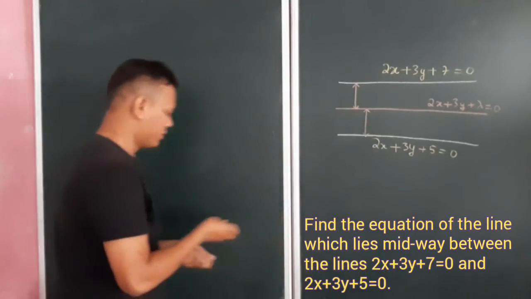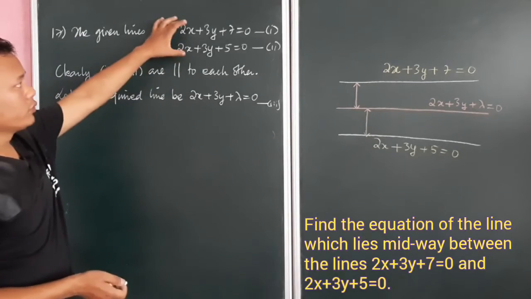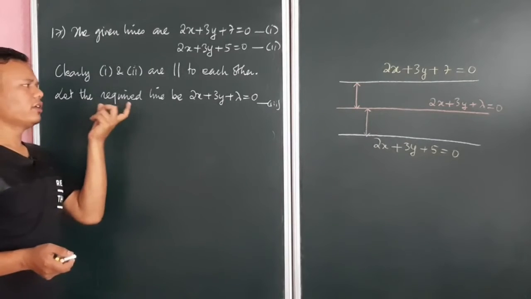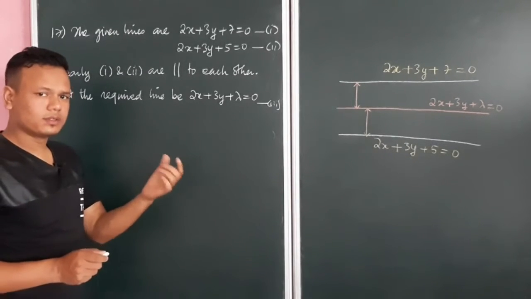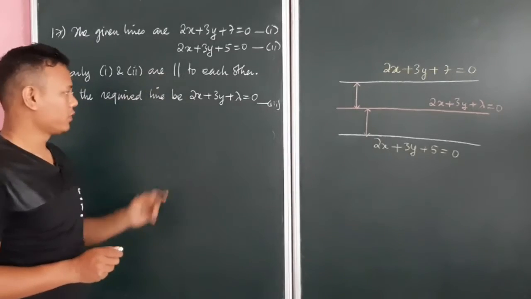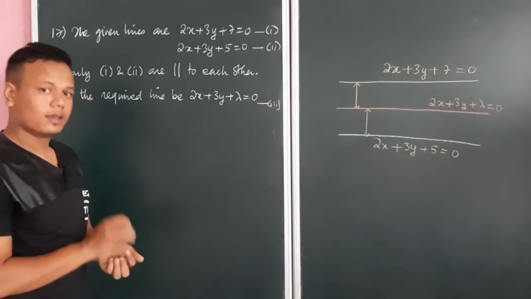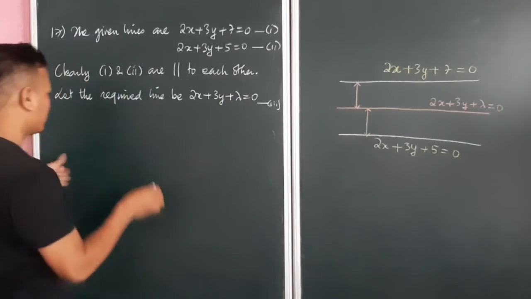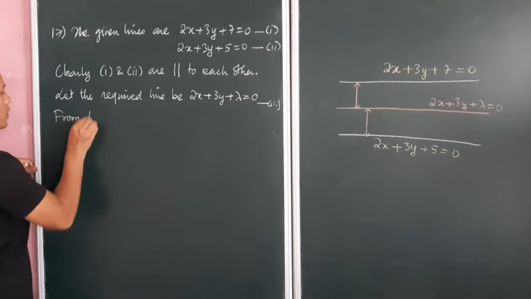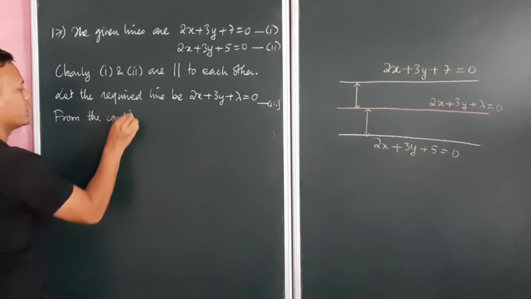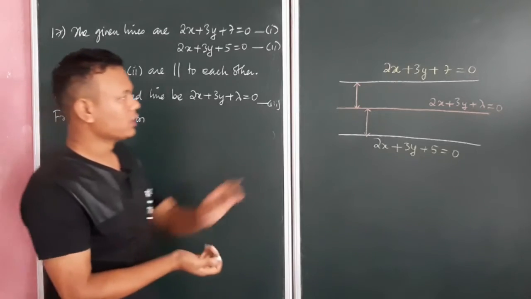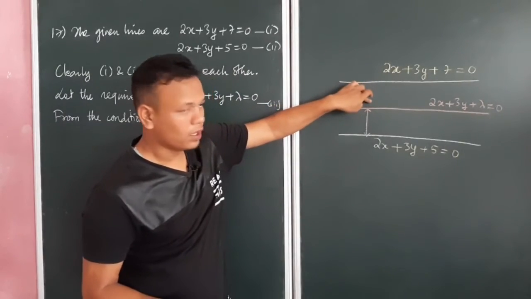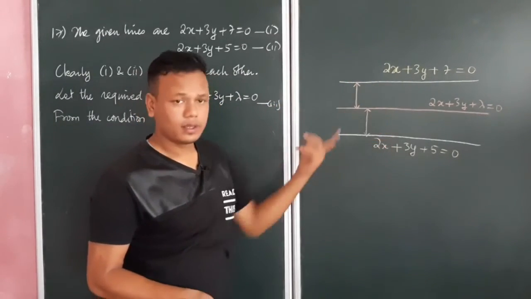Okay, so as I said, these are the two lines which are parallel to each other. How you have understood that? Okay, so the required line, the line which is lying in the midway, is this one. So we need to find the value of lambda, and from the given condition we can see that, this is my 1, this is my 2, and this is my 3, that is the distance between 1 and 3 will be equals to distance between 2 and 3, isn't it?